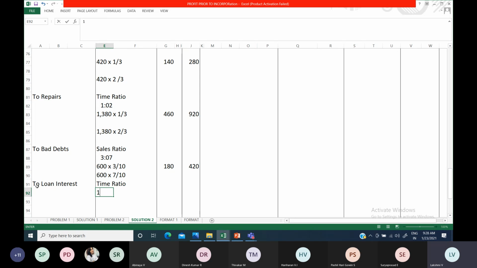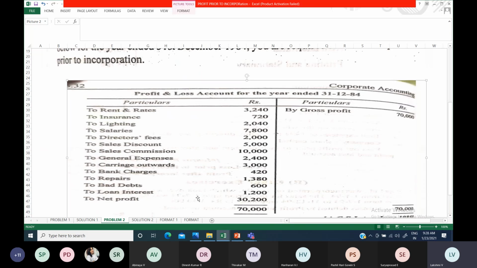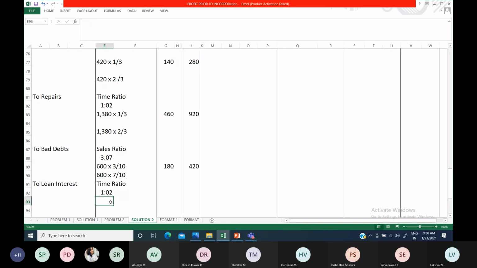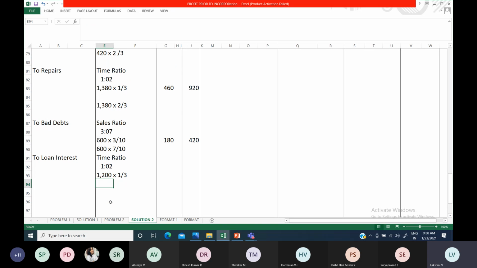The ratio is 1:2. So the amount is 1,200. 1,200 into 1/3 for the pre-column, again 1,200 into 2/3 for your post column. So we'll be getting 400 here and here 800, I think so.